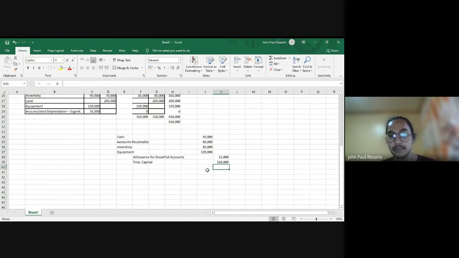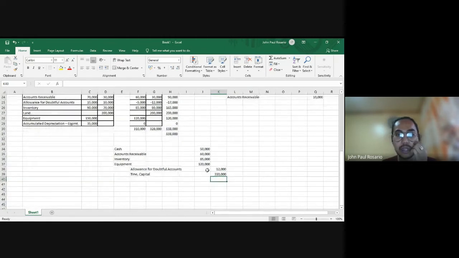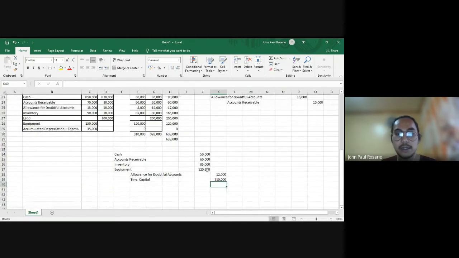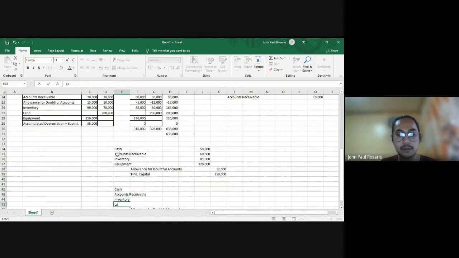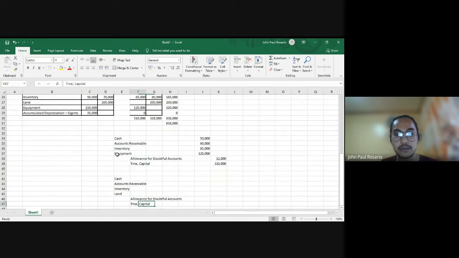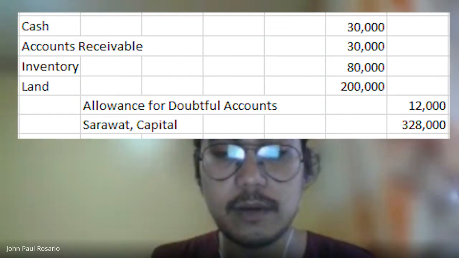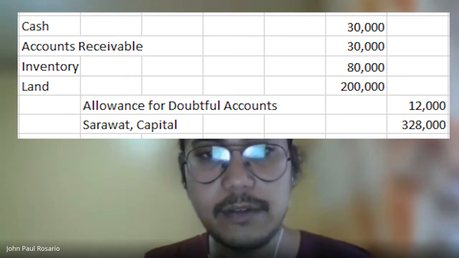Okay. And then if we go to Sarawat's contributions, let's copy this. But we change equipment to land, because Sarawat did not contribute any equipment, but he contributed land instead.